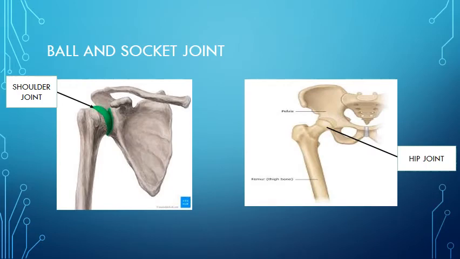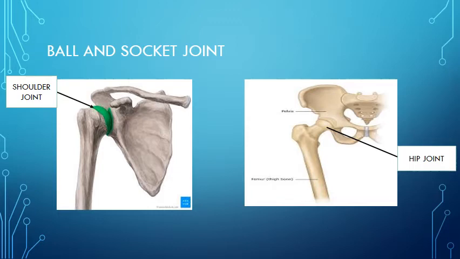Now first we will talk about the ball and socket joint. Examples of ball and socket joints are the shoulder joint and the hip joint. This is a joint in which a ball shaped surface of one rounded bone fits into the cup like depression of another bone.